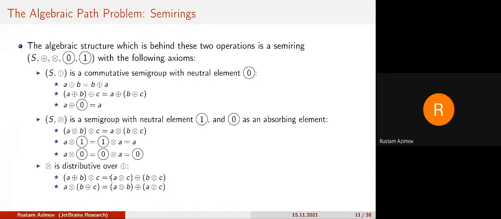And the same goes for the other distributivity axiom.